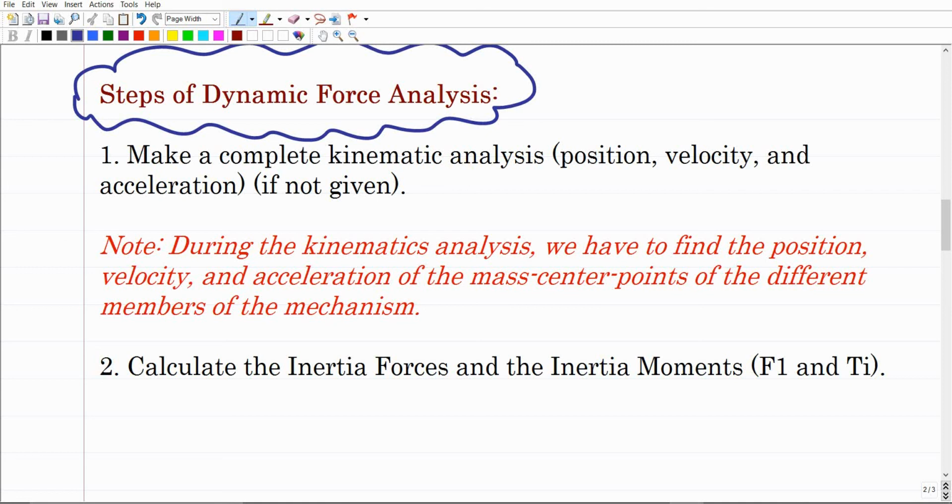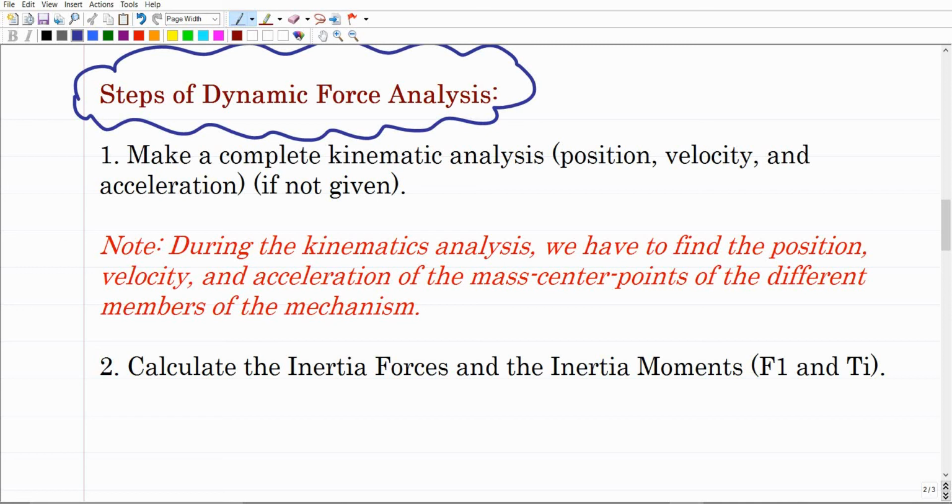But we wouldn't be able to proceed to the kinetics unless we finish this part first. So if I give you a problem with a mechanism, you have to finish all the kinematic analysis, then move to the force analysis. It is a long process by hand, but now there is software that can do these things very quickly.